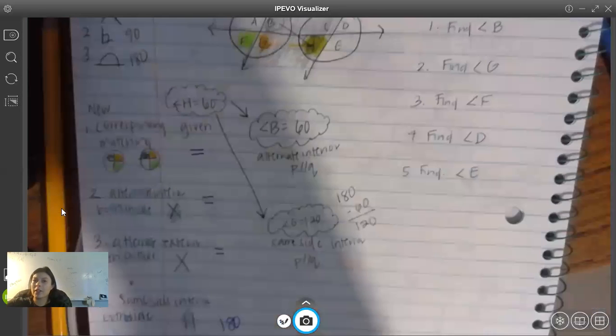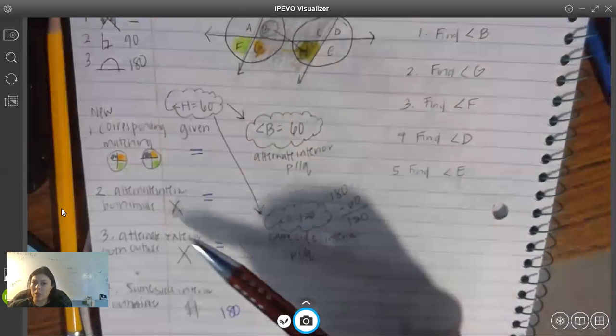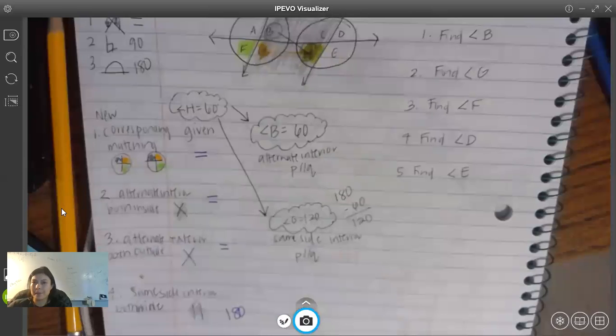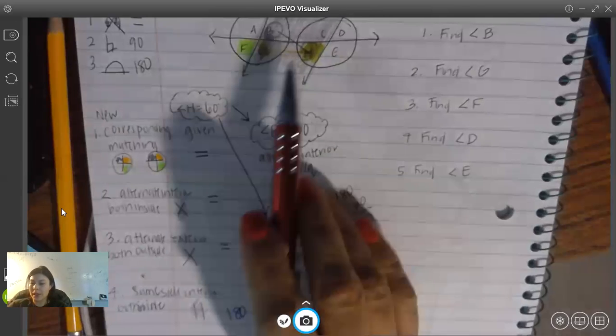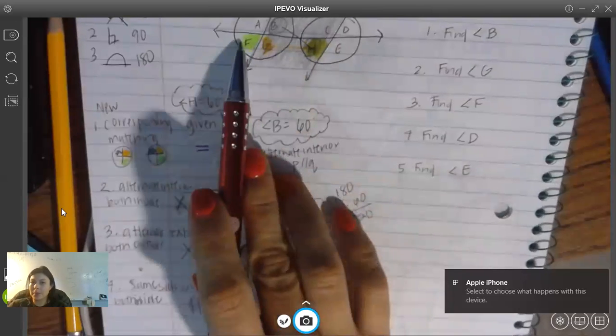So what kind are these, Ivan? They're not both inside, they're not both outside. What kind are they? Yes, they're matching. Do you see how they're matching? Do you see the group? They're in the same spot in both groups.